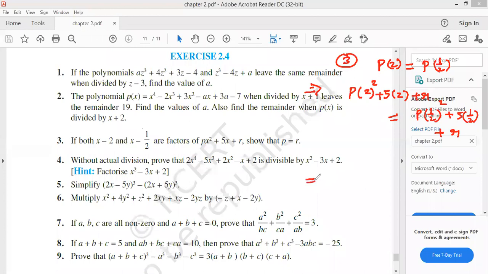And if you further simplify this one, it is 4p plus 5 2s are 10 plus r is equal to what?